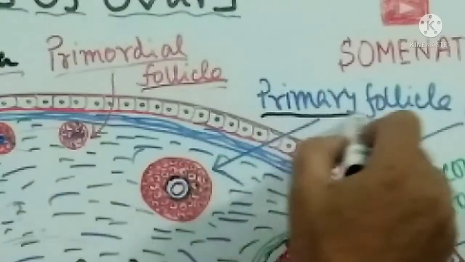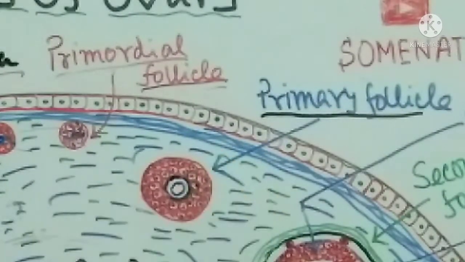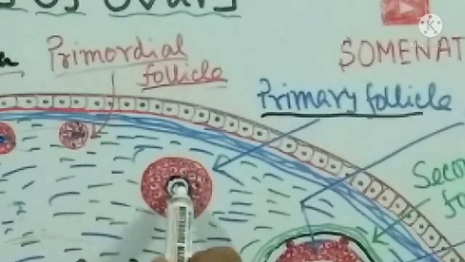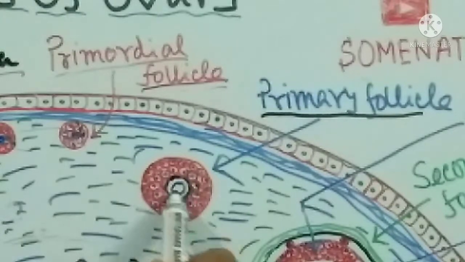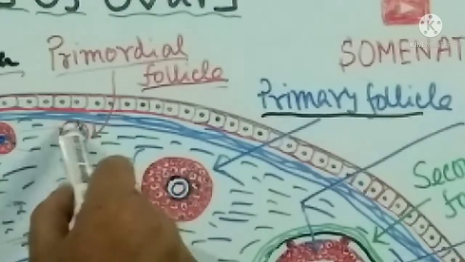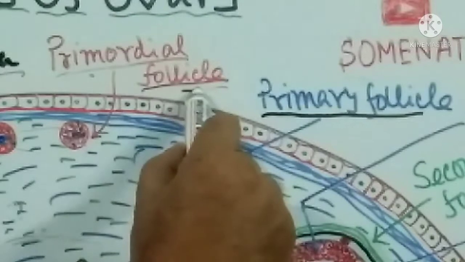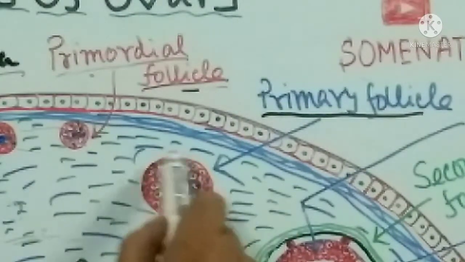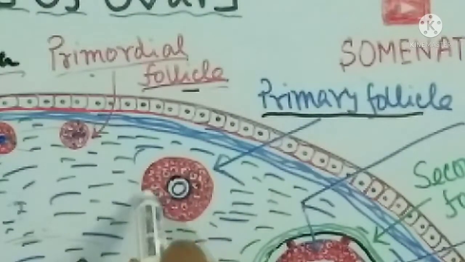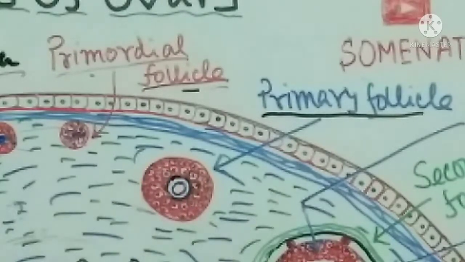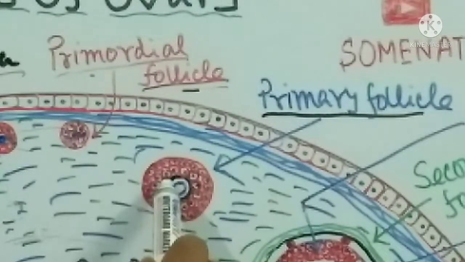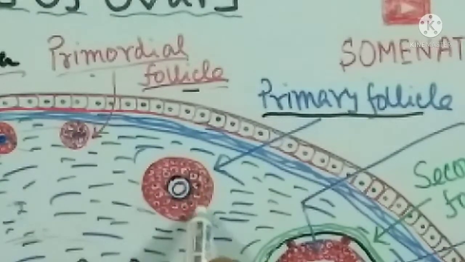This is primary follicle. Here, this is oocyte. Oocyte enlarges and single layer of follicular cells of primordial follicle divide to form two layers. So, primary follicle has two layers of granulosa cells.